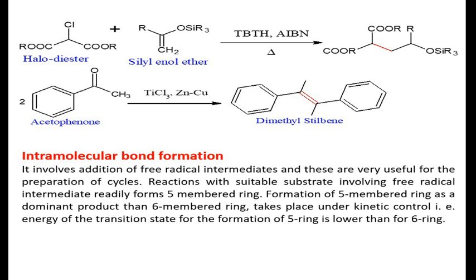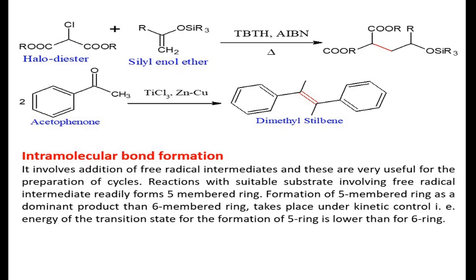This reaction involves addition of a free radical intermediate, and these reactions are very useful in the preparation of cycles or rings. Reactions with suitable substrate involving free radical intermediates readily form 5-membered rings. Suitable substrate means what?